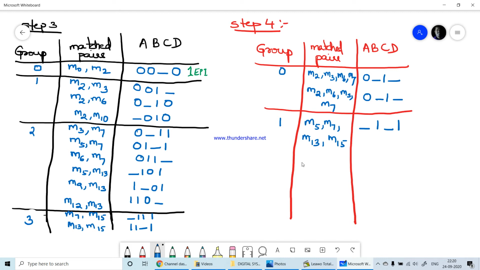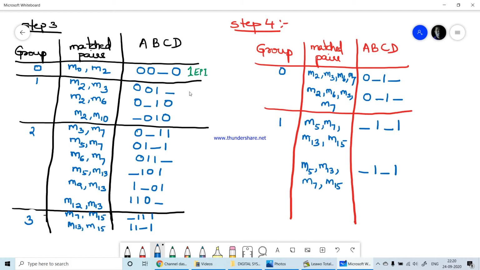Similarly, we have M5, M13, M7 and M15. That will also give me same, because same minterms we have in both. So now you see that whichever is used for mapping, you are going to tick that, and whichever is not used for mapping, you are going to take that as an essential prime implicant.